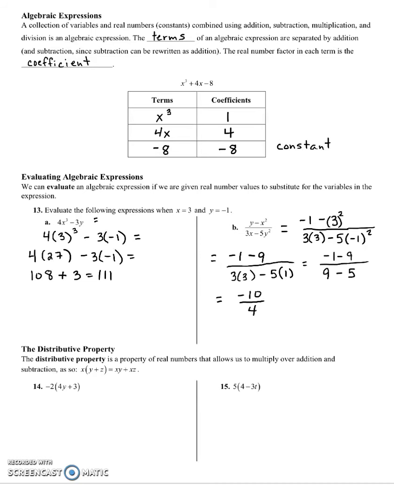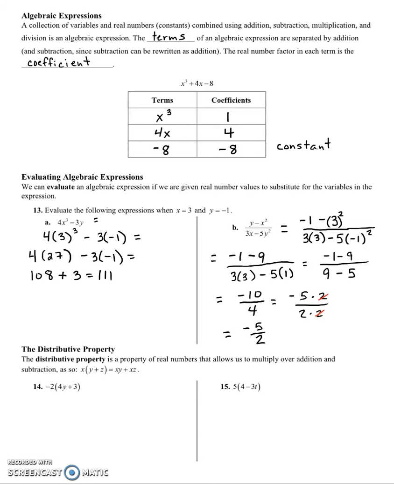And then we have to simplify. So 10 is 5 times 2. 4 is 2 times 2. One set of 2's cancels, and that leaves us with a negative 5 halves.